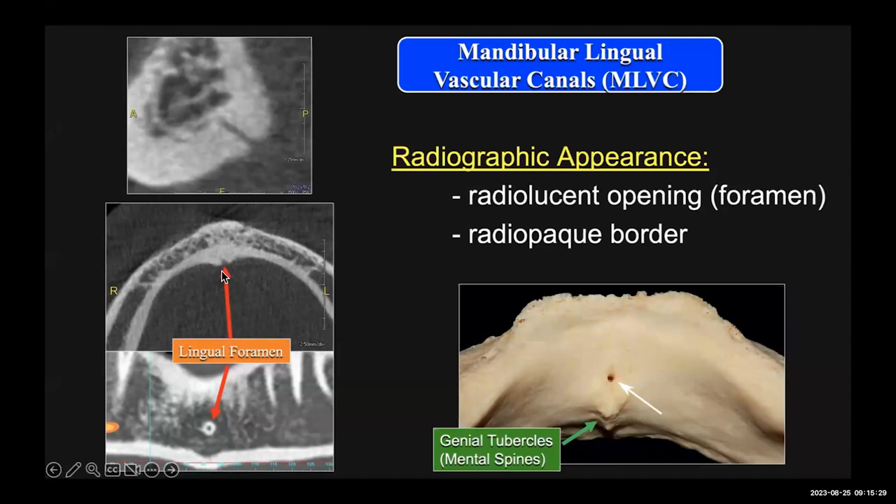And then on an axial scan, you'll see a little radiolucency, and that usually opens up into that canal that traverses through the anterior mandible. It's usually located superior to where the genial tubercles are. Remember, that is where the attachment of the genioglossus muscle is.